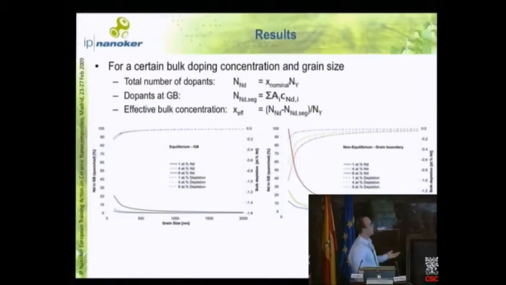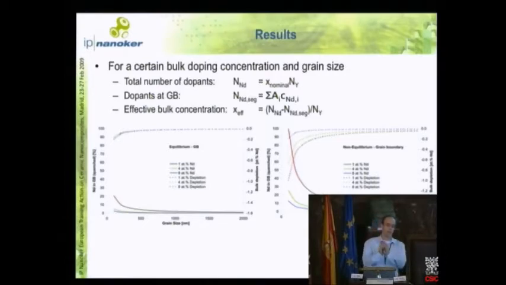So what does it mean for the number of dopants in the bulk? We have this curve here, which is the depletion of the bulk. That means we look at the red curve, and here for very low grain sizes, we can get something like 0.1. So we put in 1 atomic percent, we end up with 0.9 atomic percent actually sitting in the center of the grain. It is a bit more dramatic here, where, let's say, at 500 nanometers, we also get this.